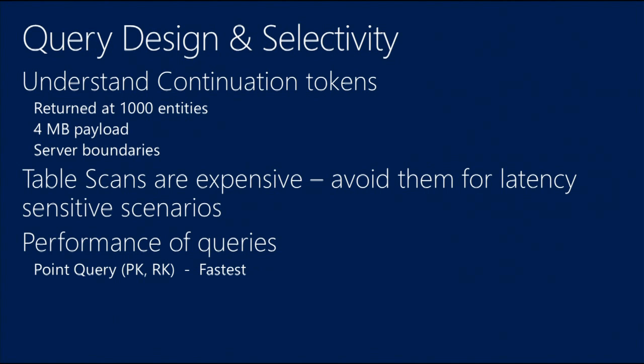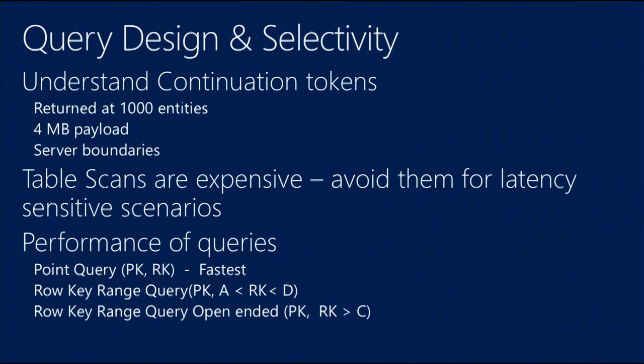So we have kind of the in-order performance of queries. Point query, where you have your partition key and row key of the entity, is the fastest. The row key range query, so I have a fixed partition. At max, this is going to iterate through one server. And I've bounded the row key between A and D in this case. Row key range query open-ended.